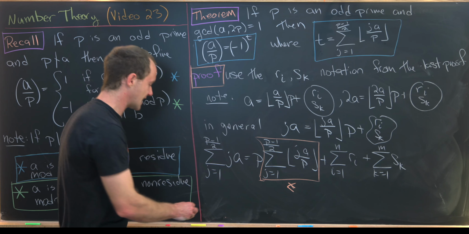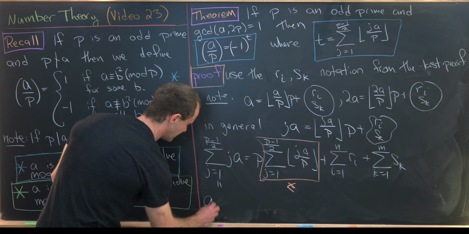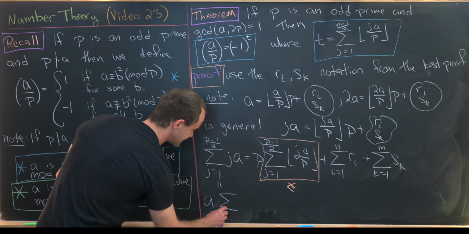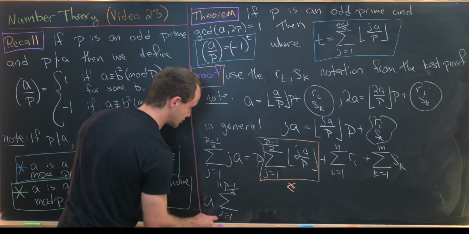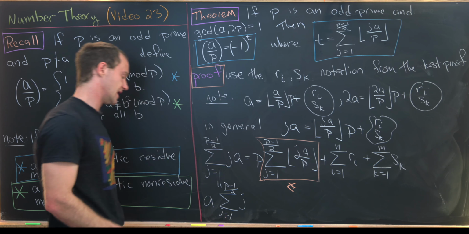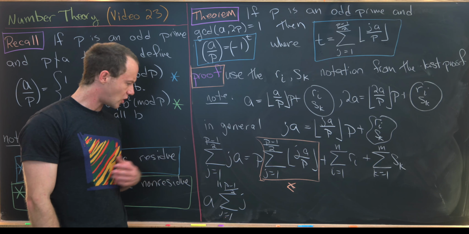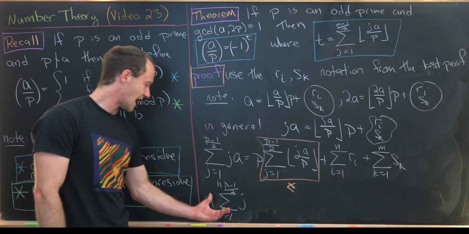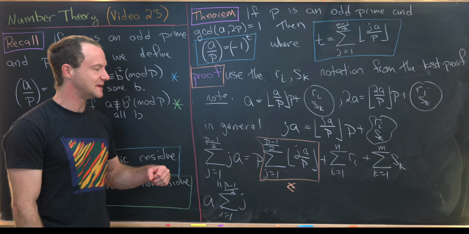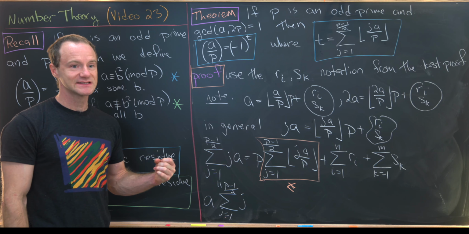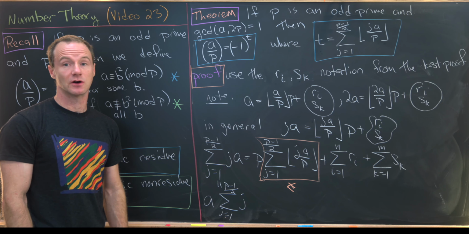So I'll start by factoring an a out of this thing. That'll give me a times the sum as j goes from 1 up to (p minus 1)/2 of j. But then let's also recall that all of the j's between 1 and (p minus 1)/2 were able to be exhibited by the s's and the p minus r's.